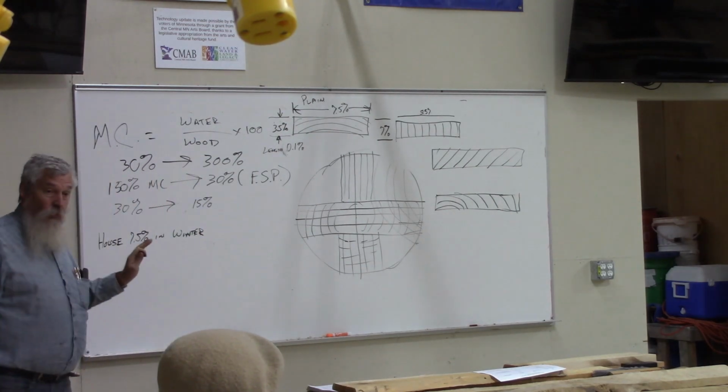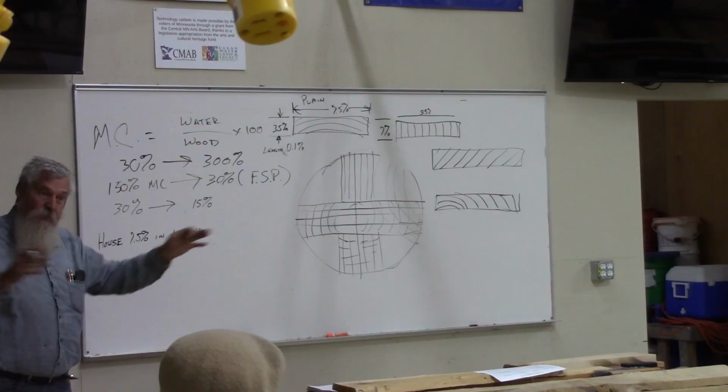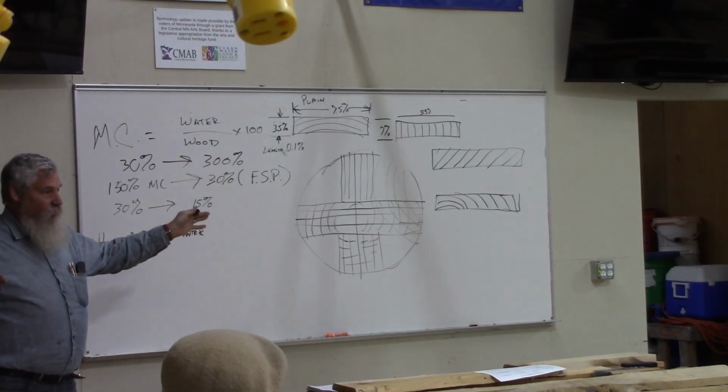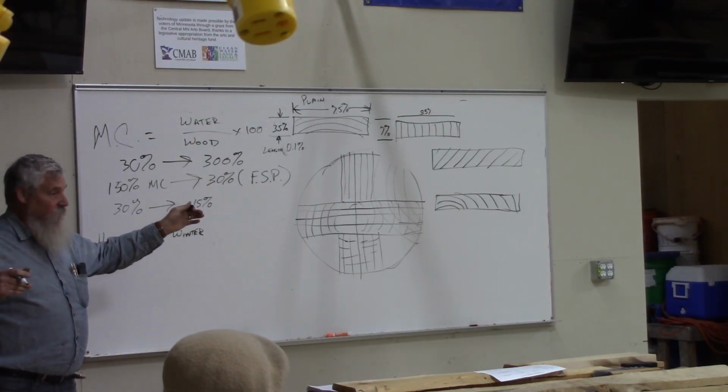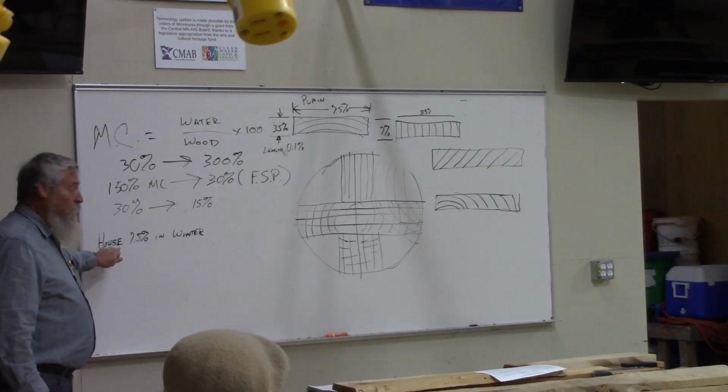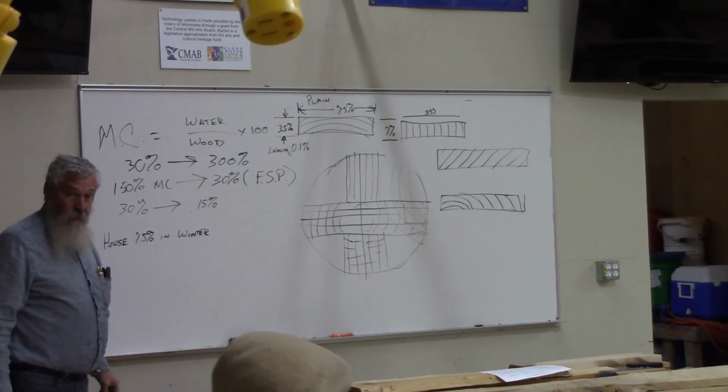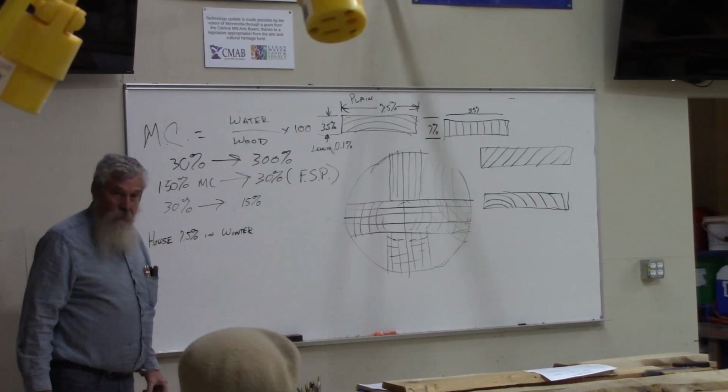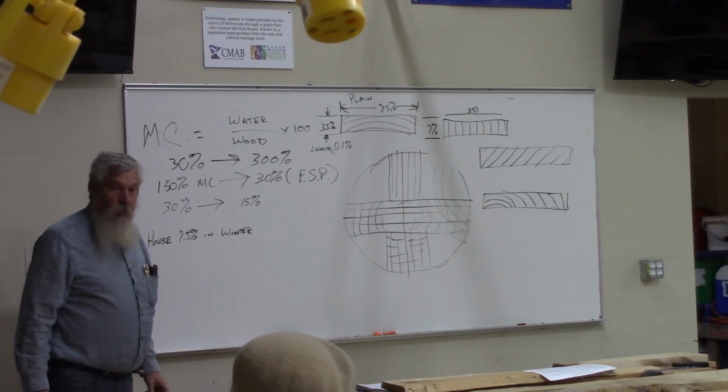It's going to go up in the summer, so in the summer it's going to expand. If you've got a chest of drawers that sticks in the summer, it's because the moisture content went up. It doesn't expand a half inch, maybe it expands a sixteenth.